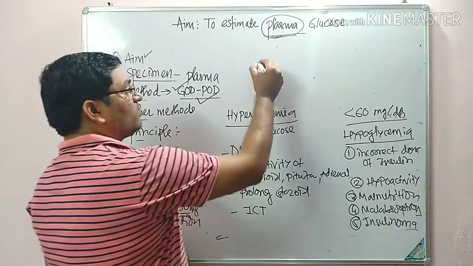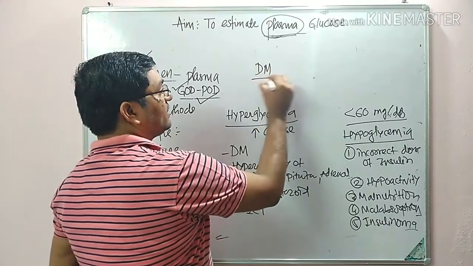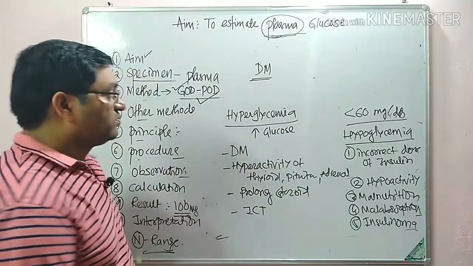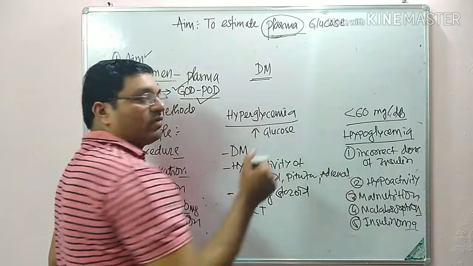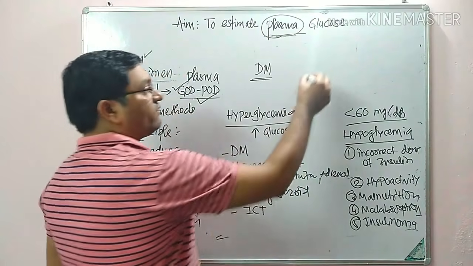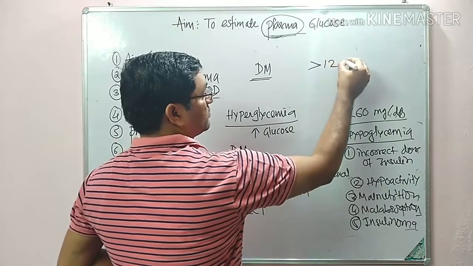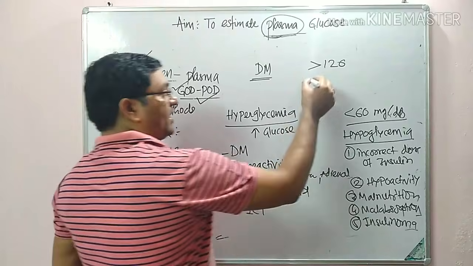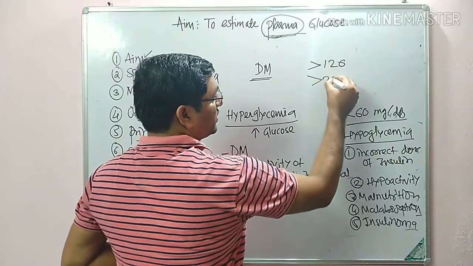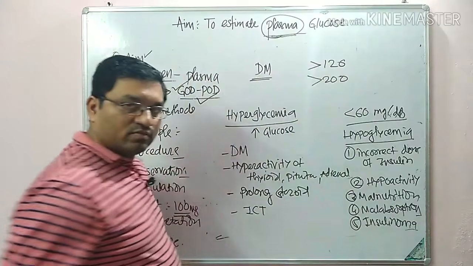For the diagnosis of diabetes mellitus, there is a criteria. If the fasting sample value is more than 126, it is known as diabetes. If random value is more than 200, it is known as diabetes.